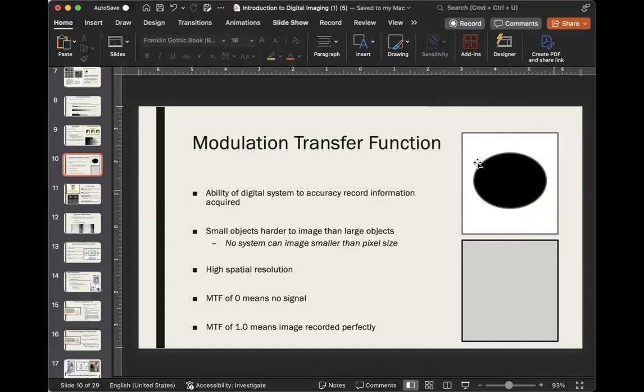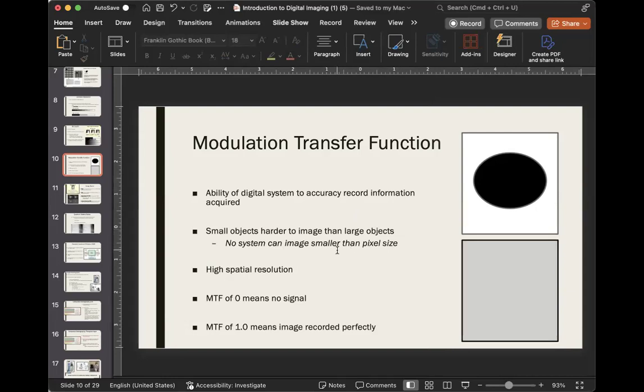No system, again, can image smaller than the pixel size or the detector element itself. The MTF of 0 means that we cannot record the information, and MTF of 1 means we record the information properly. And so when we talk about that, in general, the MTF of an image that we're taking will never be 100% accurate, okay?